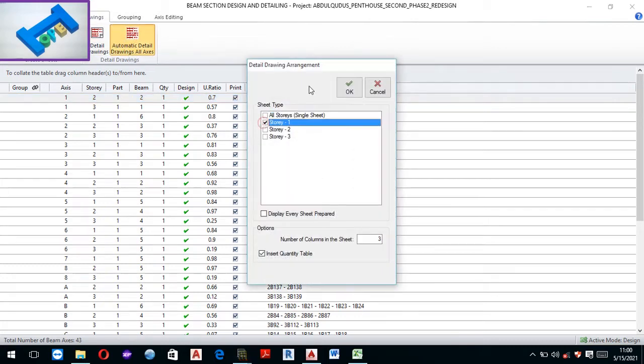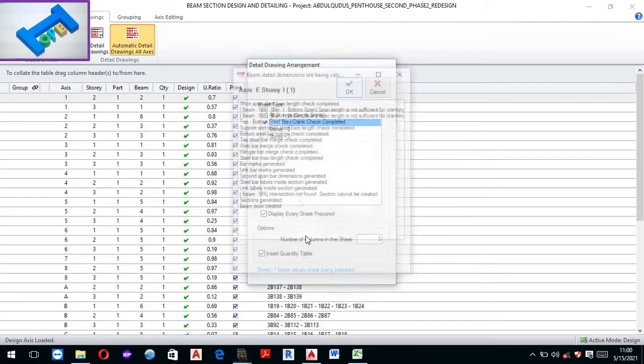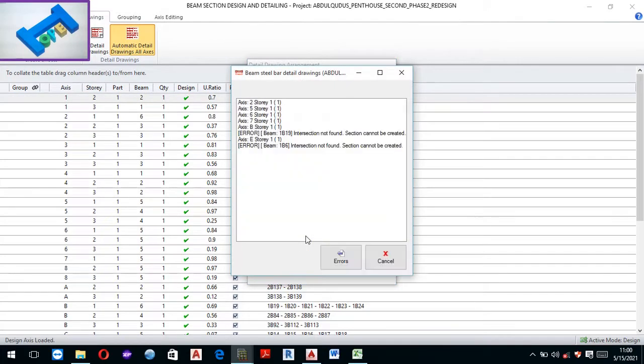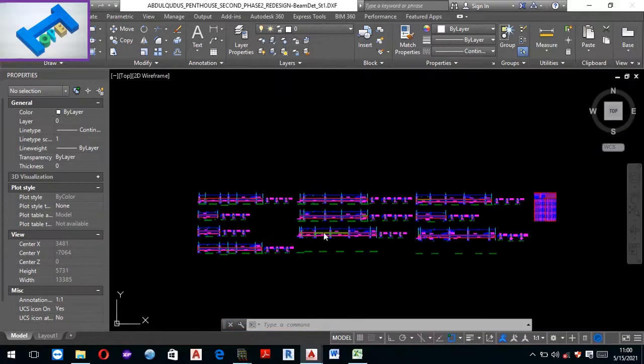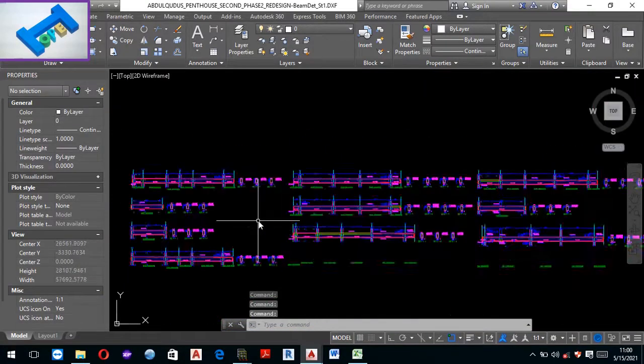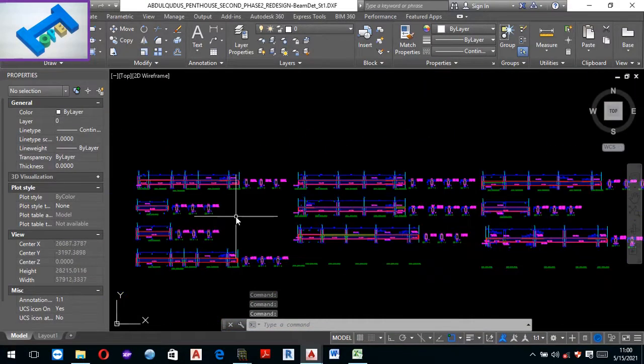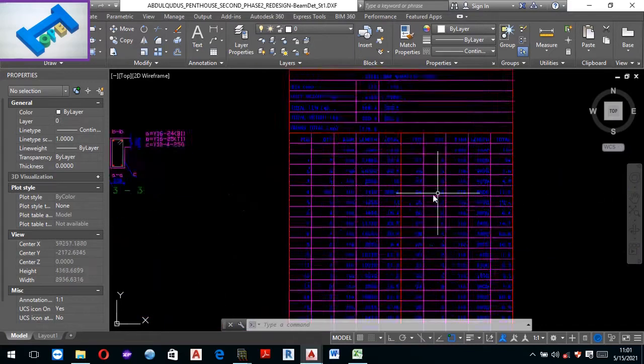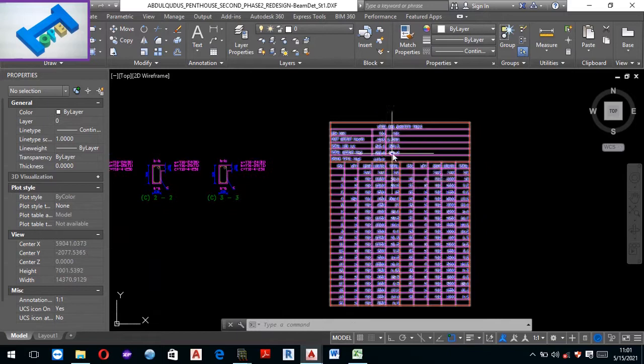Story 1. Nice, we have this. Here are the detailed designs for the beams in story 1 of the project, and here we have the steel quantity table as well.